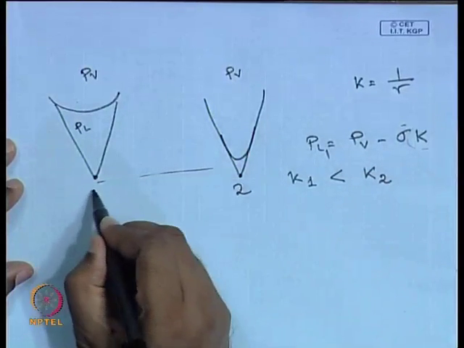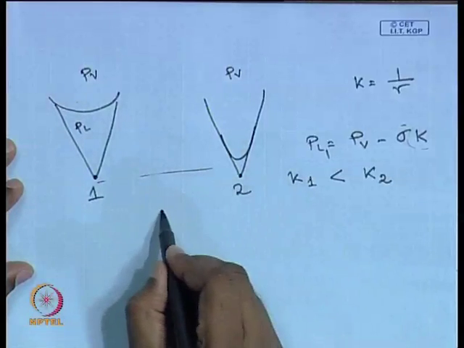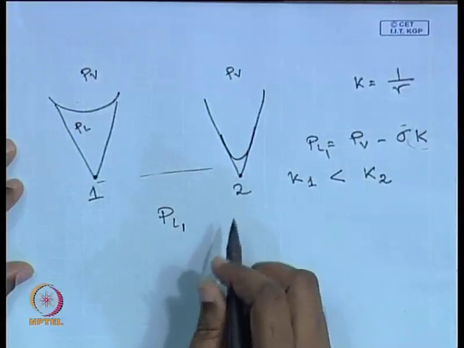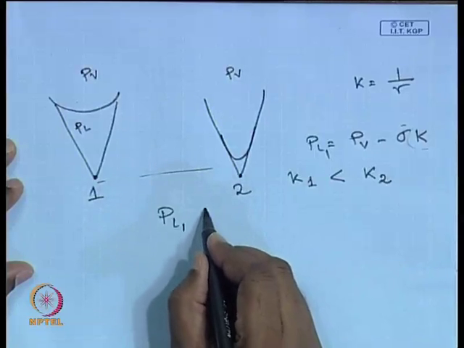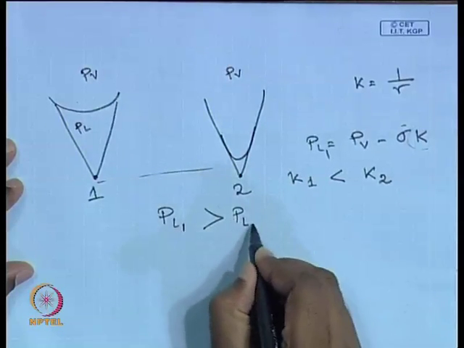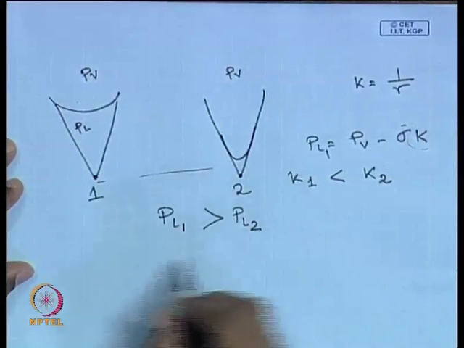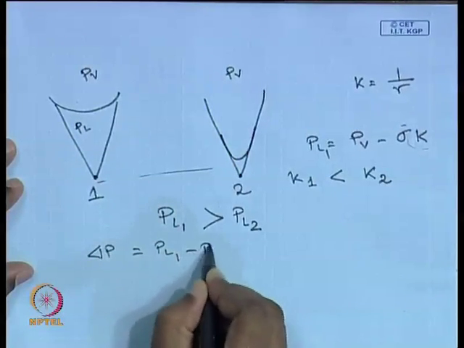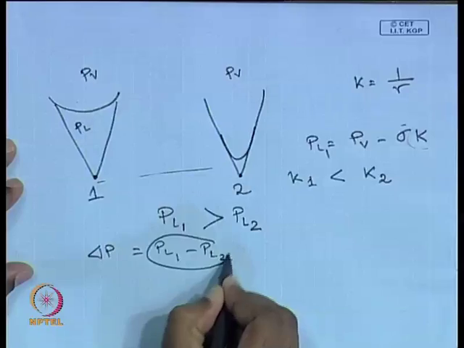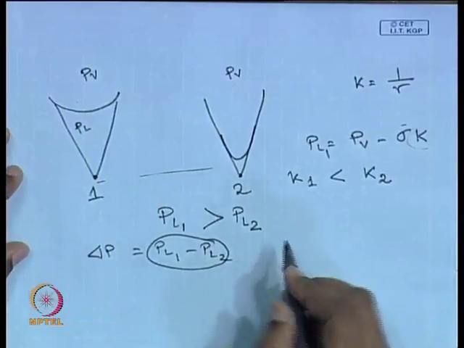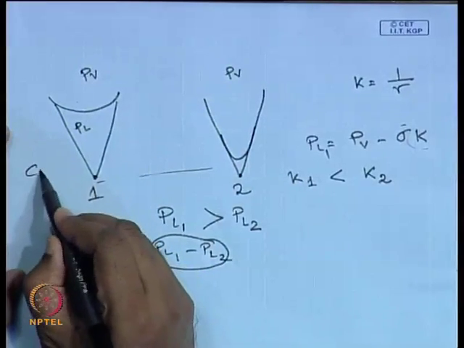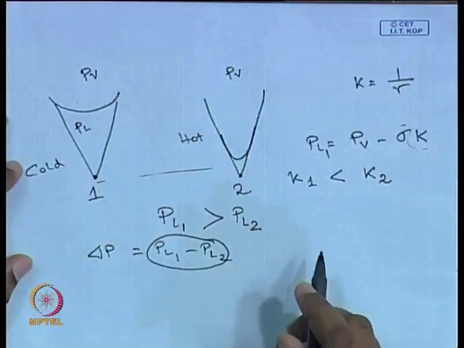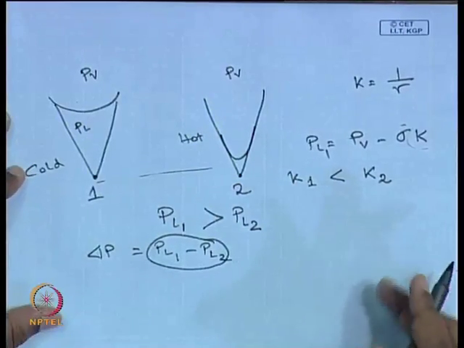As a result, the pressure in the liquid phase at location 1 is going to be greater than the pressure of the liquid at location 2, and this delta P, equal to P L 1 minus P L 2, would be the driving force for liquid flow from the cold side towards the hot side. So, this is how the micro heat pipe will operate.